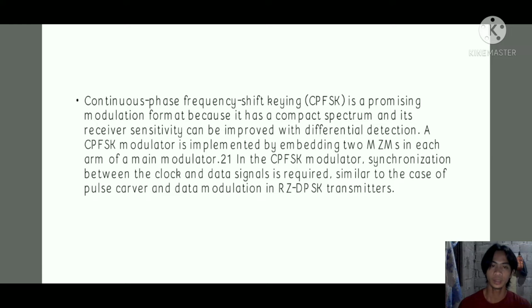In the CPFSK modulator, synchronization between the clock and data signals is required, similar to the case of pulse carver and data modulation in an RZ-DPSK transmitter.